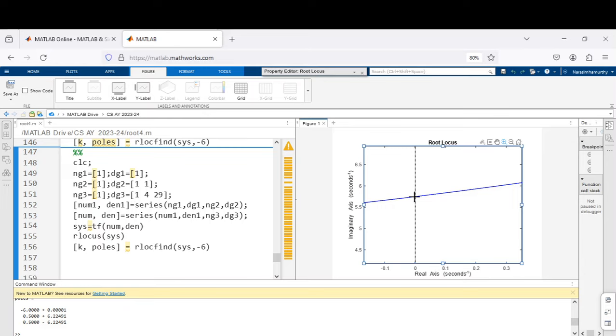Now if I go here and place my data point, no, I cannot place the data point there, it's to the left. Can I place the data point here? No. So this is 132, poles are here, and of course it is a point to the right. You can see the pole position is positive, the real part is positive.